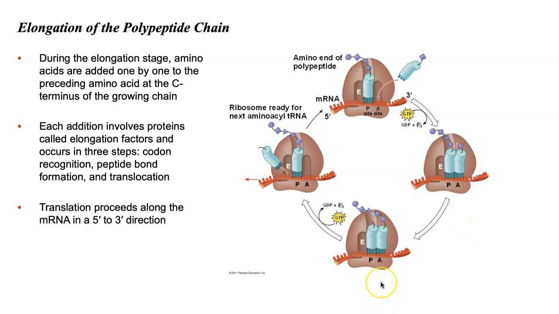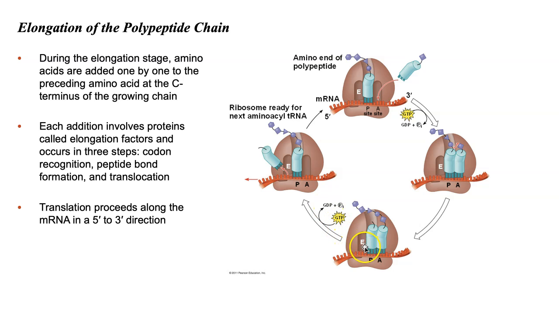That leaves us at this image, right? So now our tRNA in our P site no longer has any amino acids associated. They were all just added right onto here. So now what happens is the ribosome clicks over. These aren't moving. The ribosome moves. The ribosome is going to click one codon over.